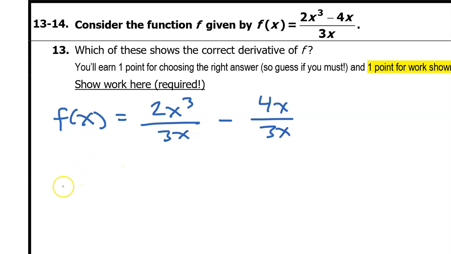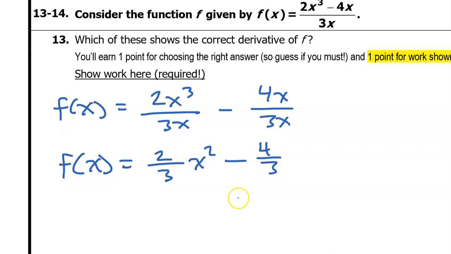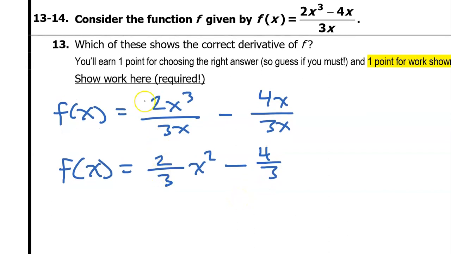This can be further simplified. This x in the denominator will cancel out one of the x's, so I'm going to be left with 2/3 x squared minus, and then both of these x's cancel each other out, so I just have 4/3. So now I can find the derivative very easily. We will just take the derivative one term at a time using the power rule.